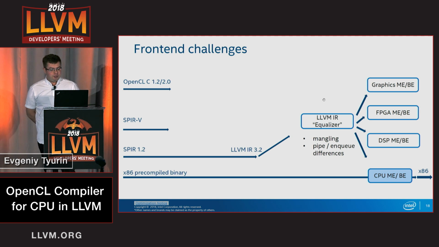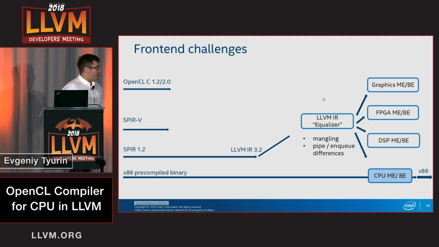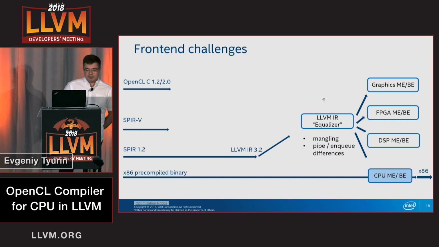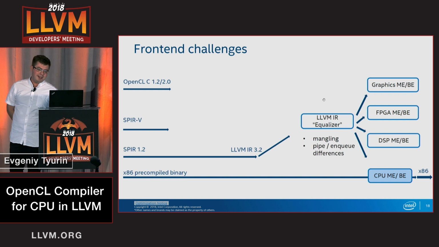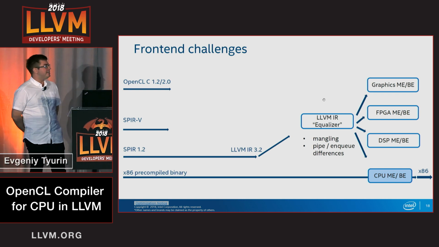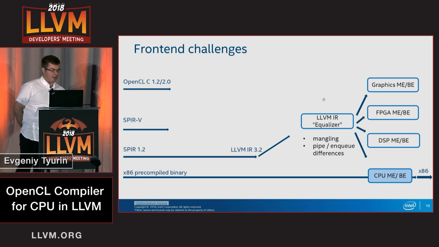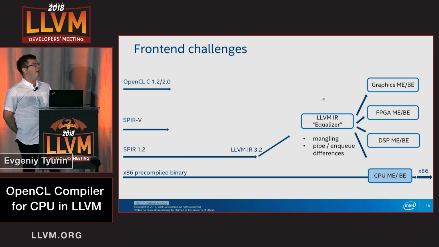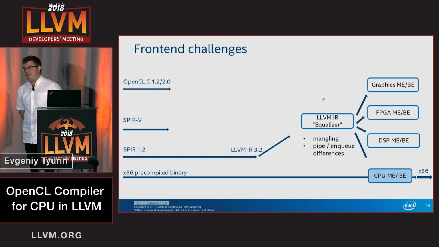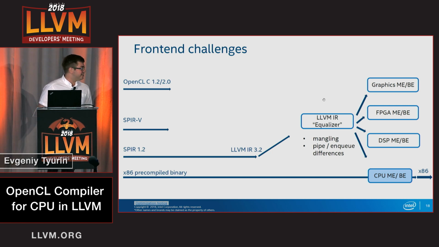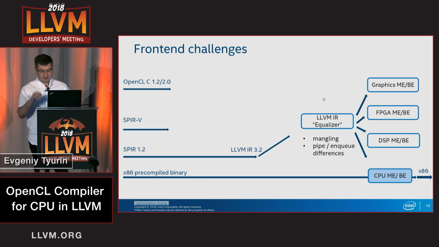So here we introduce a new entity called the LLVM, quote-unquote, equalizer, that takes care of the LLVM differences. What it does is fix up not only the LLVM version issues, but also differences in representations of OpenCL built-ins such as pipe, enqueue, and other stuff.